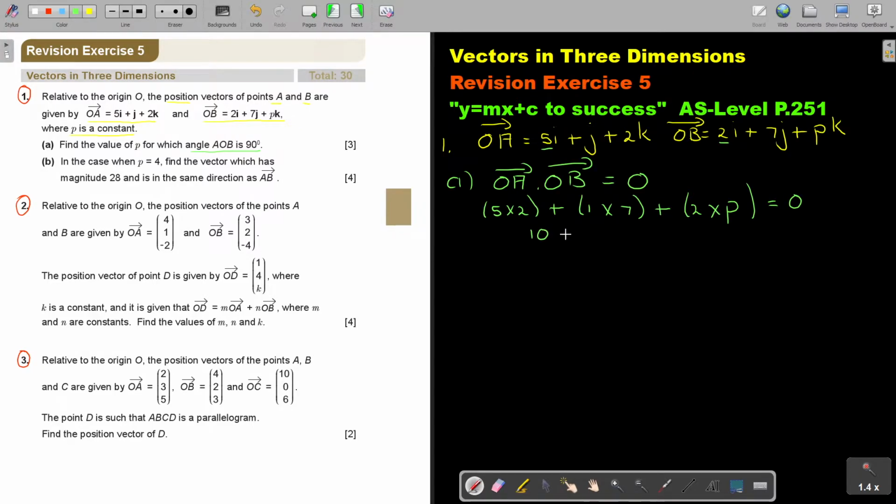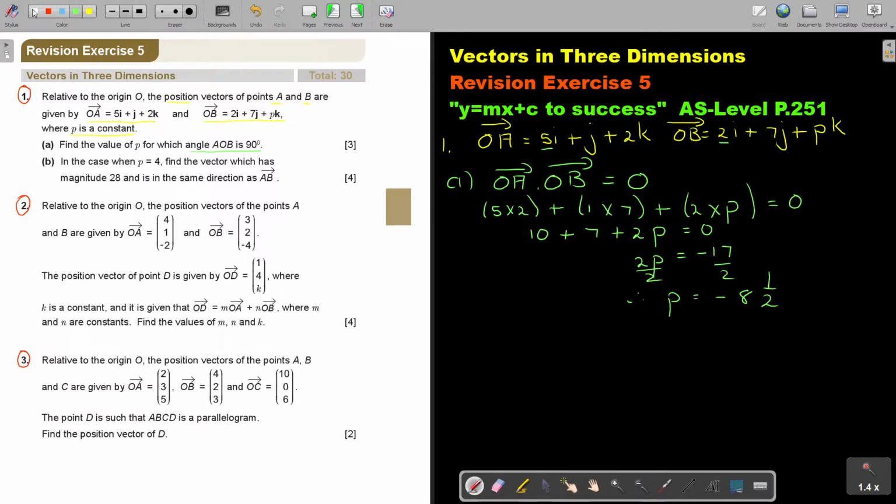So 10 plus 7 plus 2p is equal to 0. So 2p is negative 17. If I divide by 2, therefore, the value of p is negative 8.5 if the angle between them is 90, perpendicular.